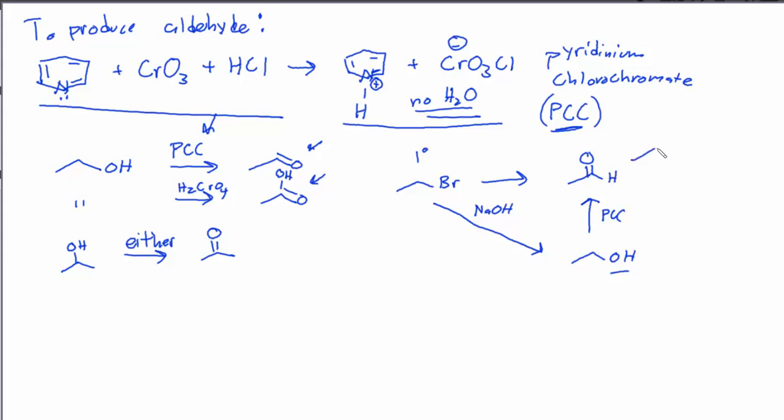And we can go further with this thought process. What if I reacted that with MgBr? What would I get? I would get something that looks like this. A secondary alcohol. What if I reacted that with phenyl magnesium bromide? I would end up with this compound.